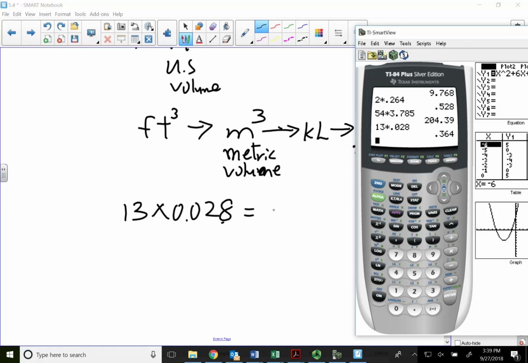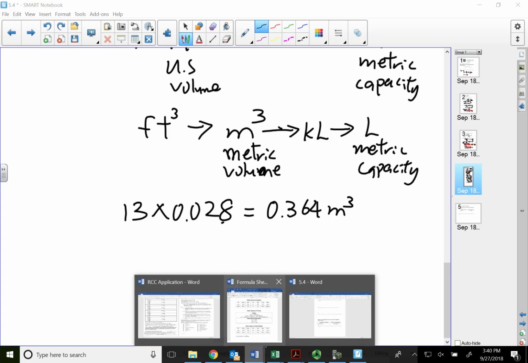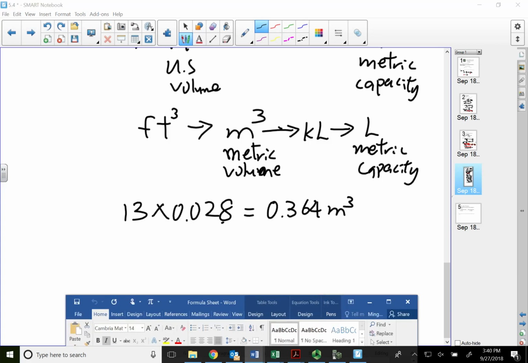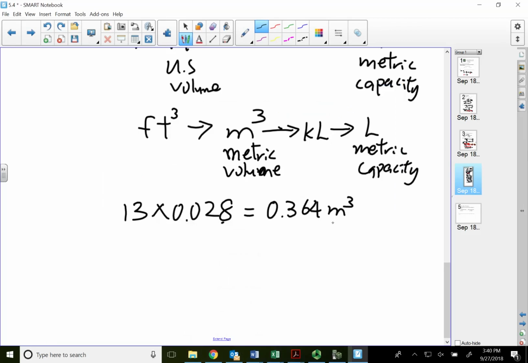Okay, so far I've got 0.364 cubic meters. On the formula sheet, the relationship between cubic meter and kiloliter is a 1-to-1 ratio. So if I have 0.364 cubic meter, I also have 0.364 kiloliter.